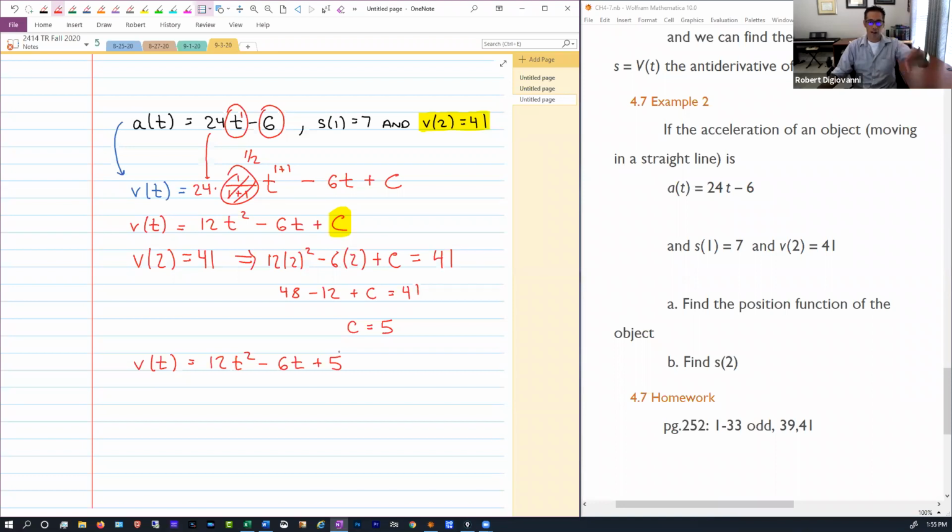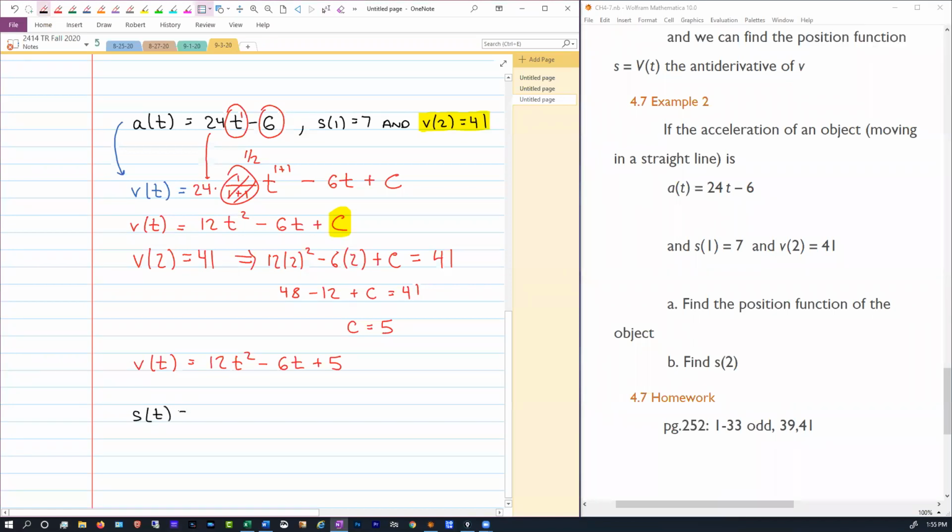Okay, we need to go from velocity back to position. So we've got to do another antiderivative, and James is going to help with that. So, position is x. Go ahead. Same thing that we've already done. The constant comes down for the ride.